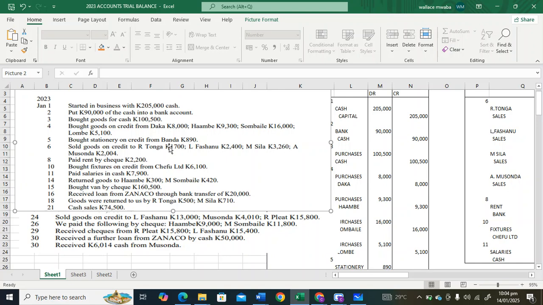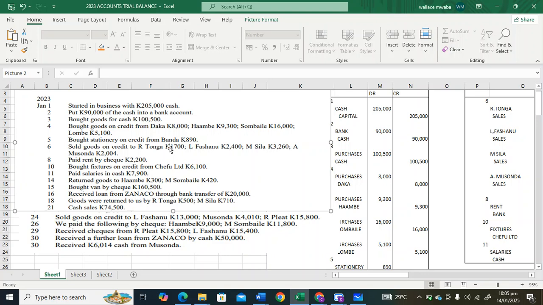Paid salaries in cash 7,900. We're paying salaries here. Salaries is an expense. So when you incur an expense, you debit. So you debit the salaries account 7,900.